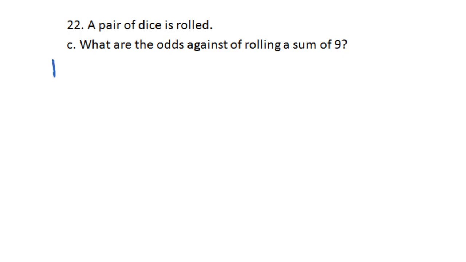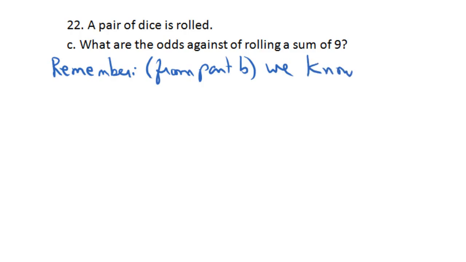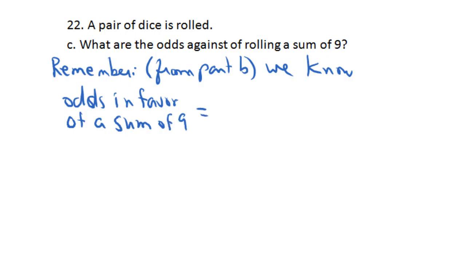Now remember that we've already calculated the odds from part B. We've already calculated that the odds in favor of a sum of 9 is simply 1 to 8. That's what we found out in Part B.